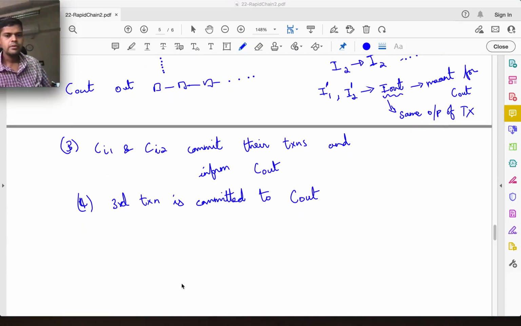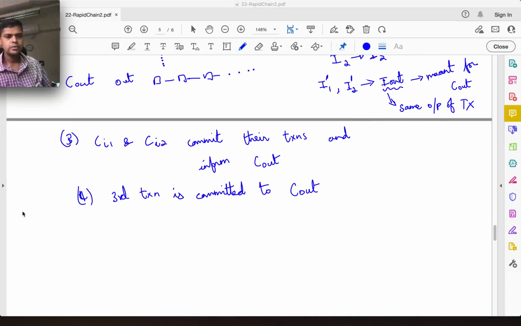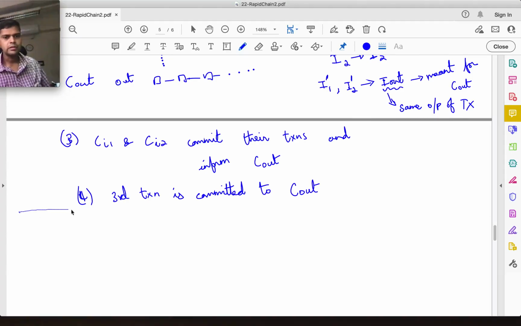A last topic I wanted to discuss in RapidChain is how to do consensus within a particular shard.